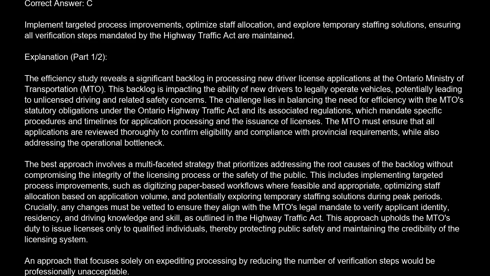Crucially, any changes must be vetted to ensure they align with the MTO's legal mandate to verify applicant identity, residency, and driving knowledge and skill, as outlined in the Highway Traffic Act. This approach upholds the MTO's duty to issue licenses only to qualified individuals, thereby protecting public safety and maintaining the credibility of the licensing system.